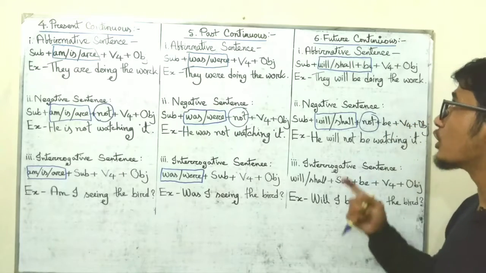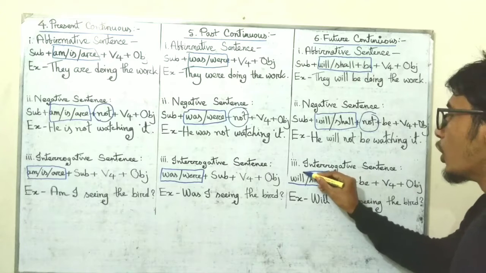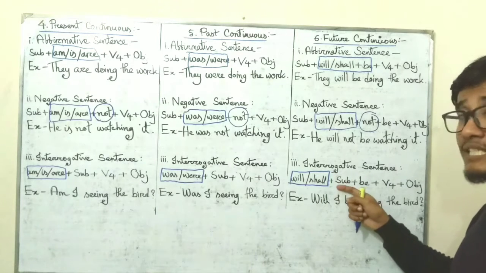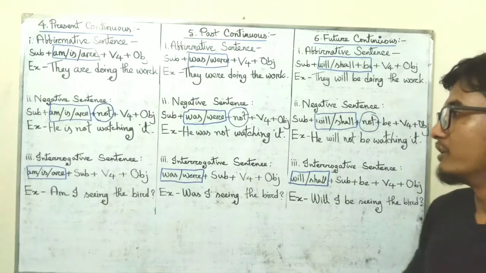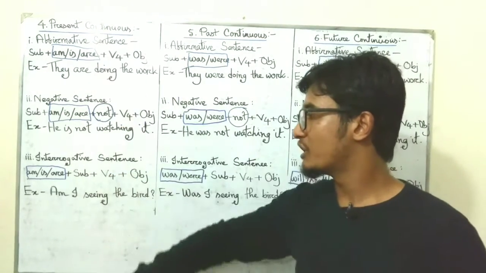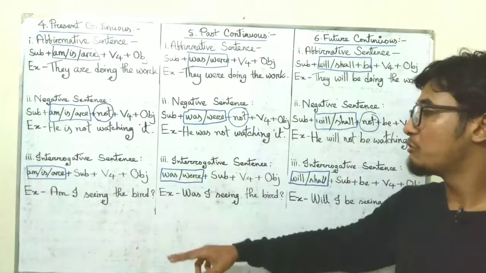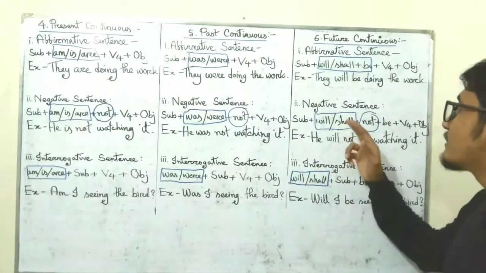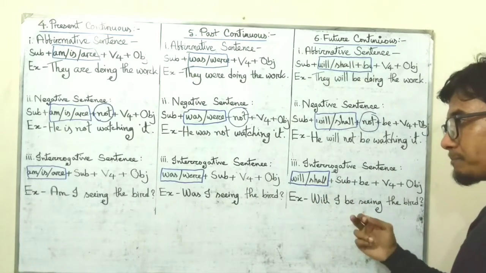In interrogative sentence of future continuous, we start with will or shall, then subject plus be plus V4 plus object. So in interrogative sentence of present continuous, am, is, are. Past continuous, was, were. Future continuous, will or shall.